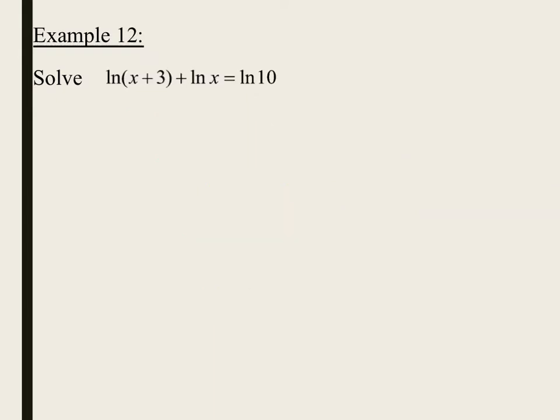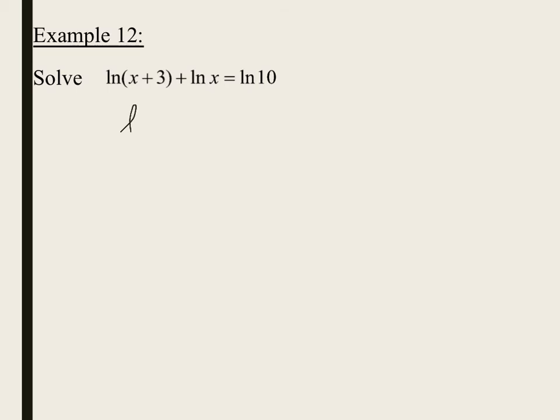So here again we have a similar problem, except now in this particular case we have a plus rather than a minus, so we will still have to use the rules of logarithms, and when we have a plus we have to use the product rule of logarithms.